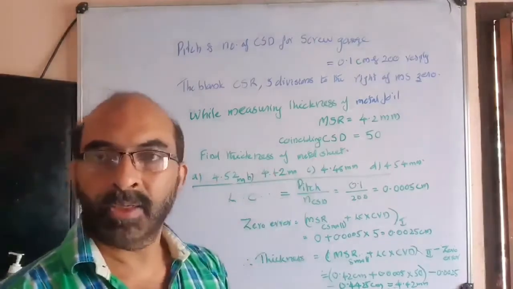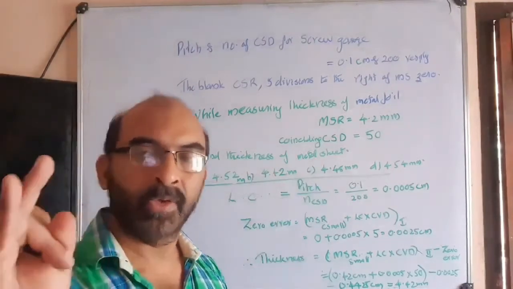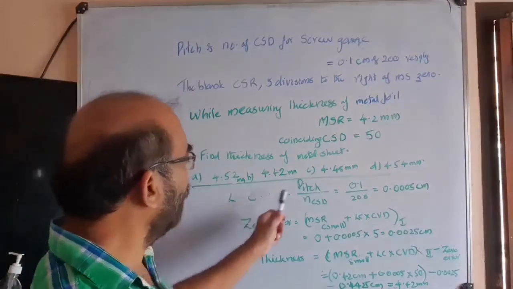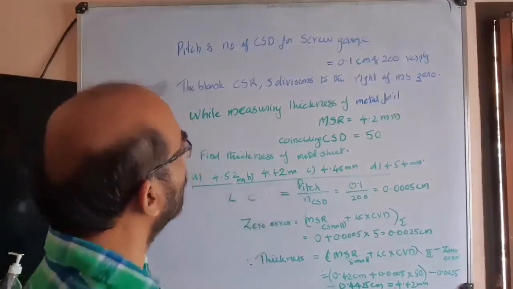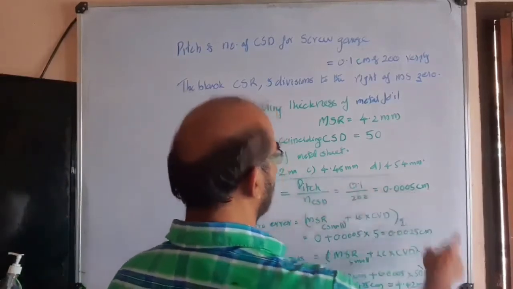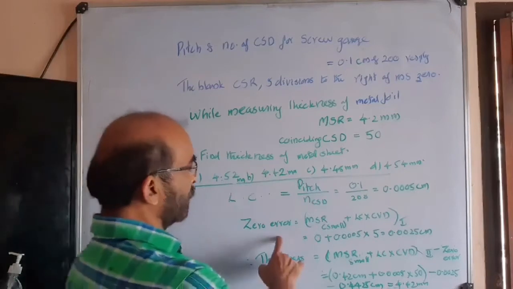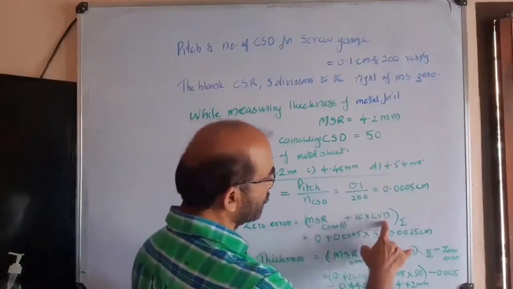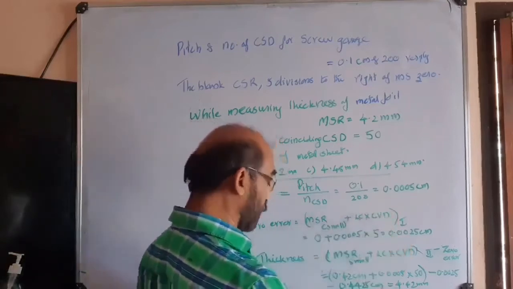First we find pitch, zero error, main measurement. Least count is pitch by number of circular scale divisions: 0.1 centimeter by 200, 0.0005 centimeter. Zero error is main scale reading plus least count into coinciding circular scale division.